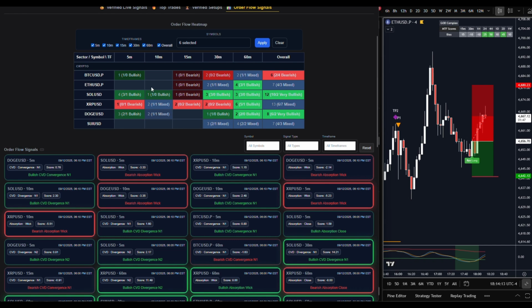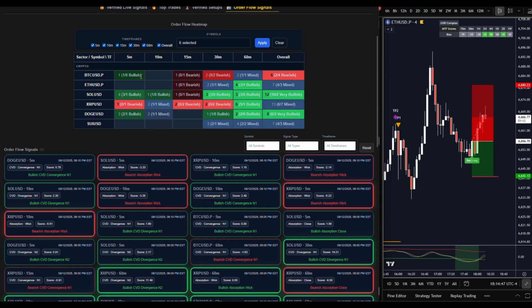It'll update the table, update the signals down here, and recalculate based on each individual order flow signal that comes in, and calculates it into a bullish or bearish stamp based on a back-end calculation of everything put together, how old the signal is, how long it's been around, the score, and a bunch of other information you can see in the order flow signals guide.